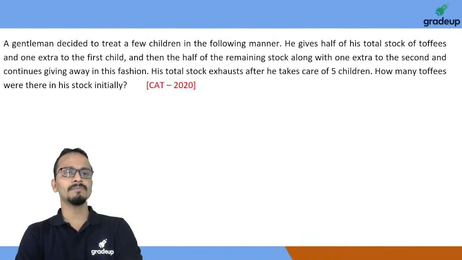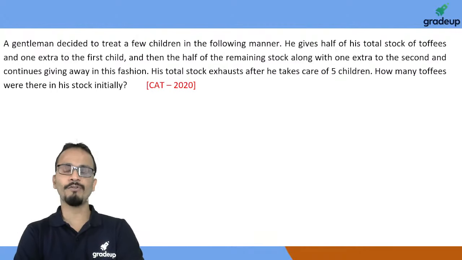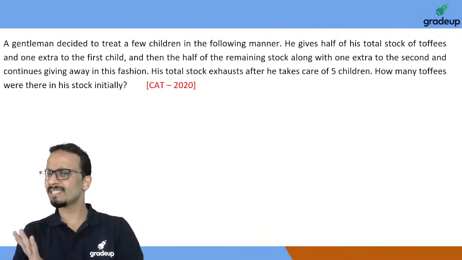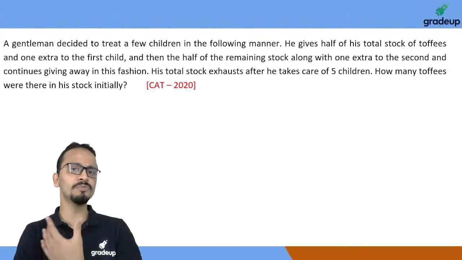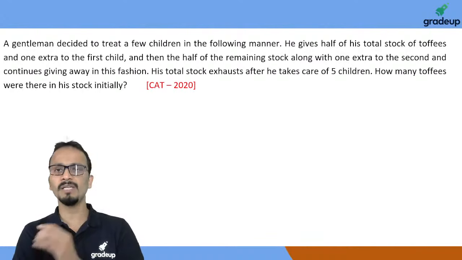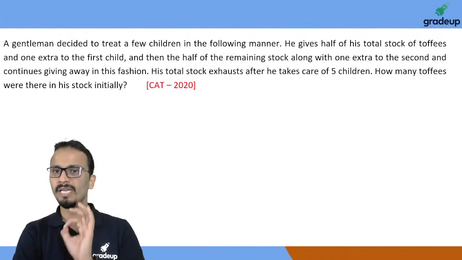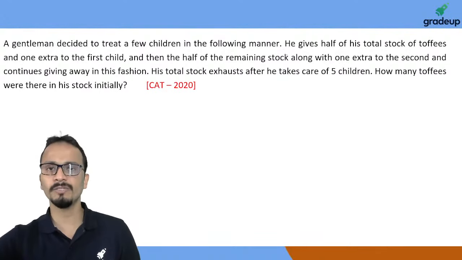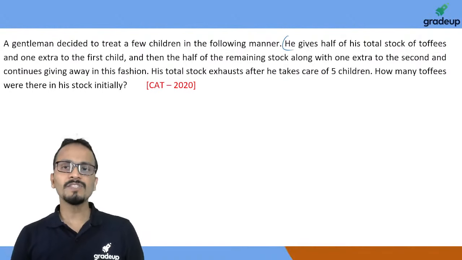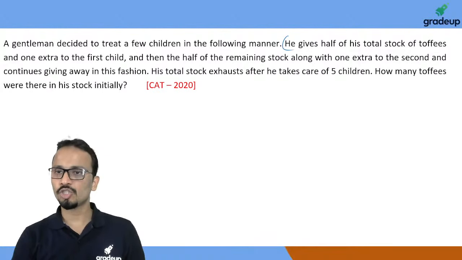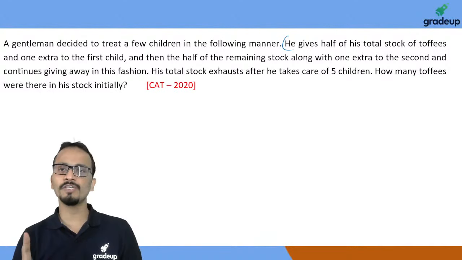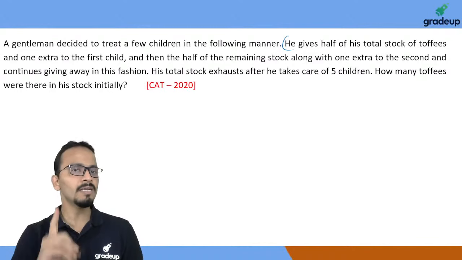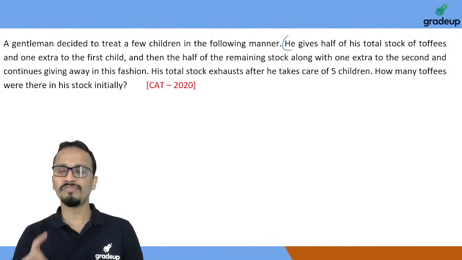The question says that a gentleman decided to treat a few children in the following manner. He has some toffees, and he is distributing these toffees to these people in a particular manner. Let's see what is the manner that he's using. He gives half of his total stock of toffees and one extra to the first child.